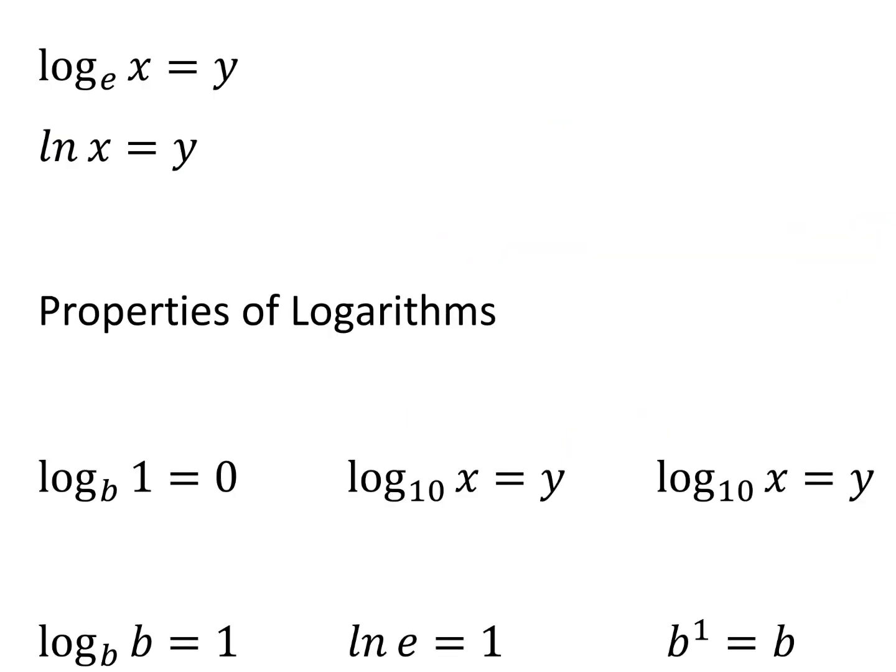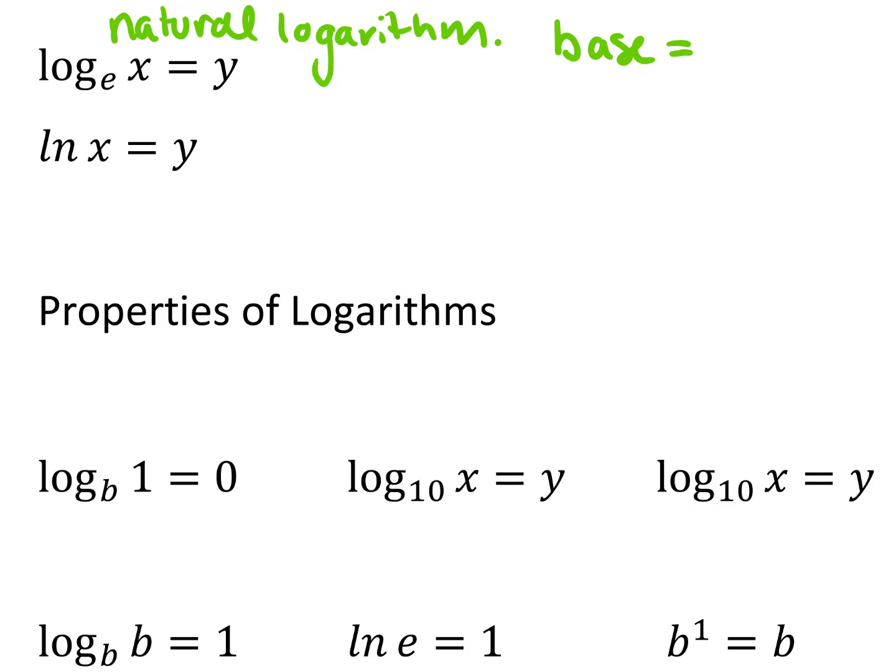The next example we're going to look at is what we call the natural logarithm. That means that the base is the number e. So if we convert from our logarithm to our exponential, we're going to slide the base, drop the log. So we get e to the y is equal to x.